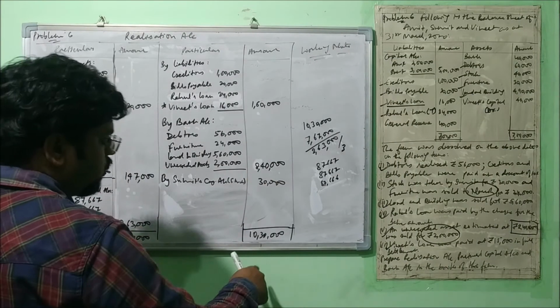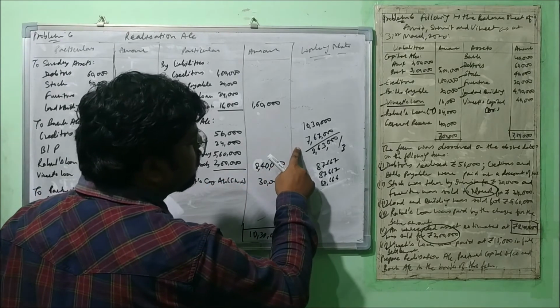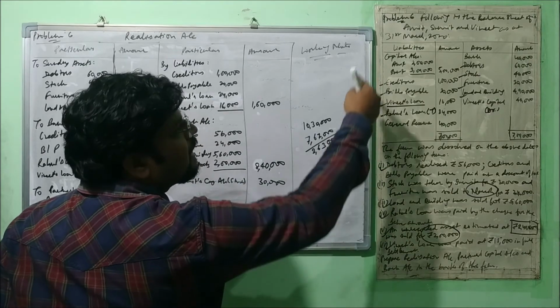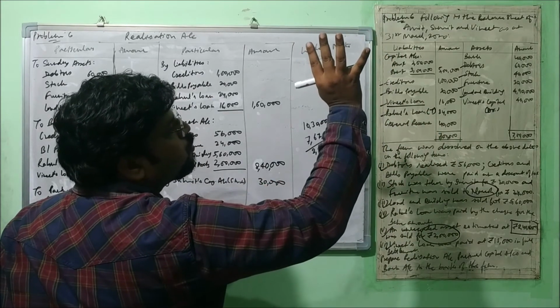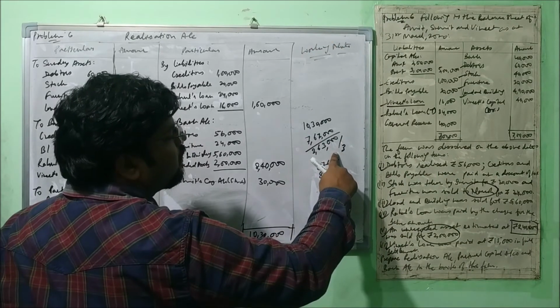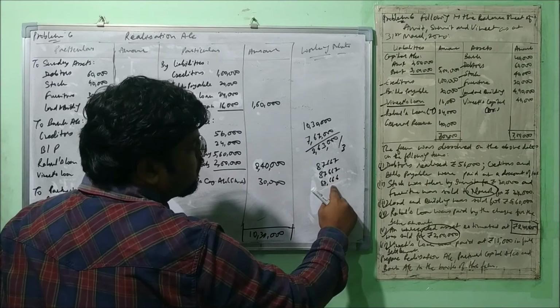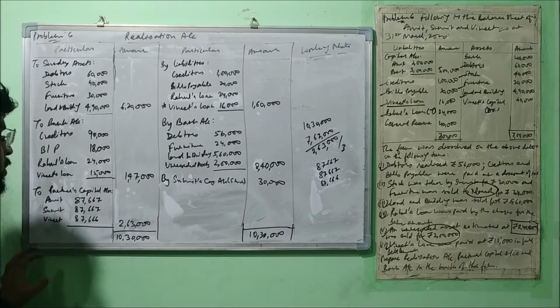This side total is more, that is 10,30,000, and this side total is 7,67,000. Deducting, I got 2,63,000. As the ratio is not mentioned, the three partners will share the amount equally, divided by 3, that is 87,667, 87,667 and 87,666, just to round off. Here I have mentioned it.